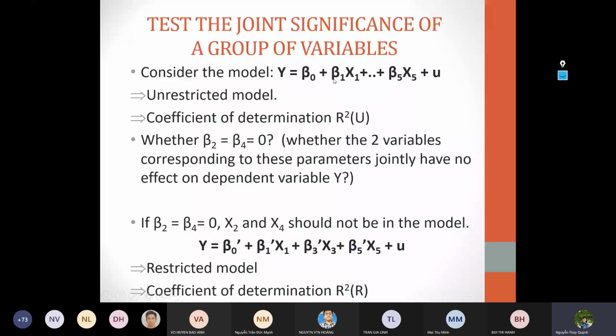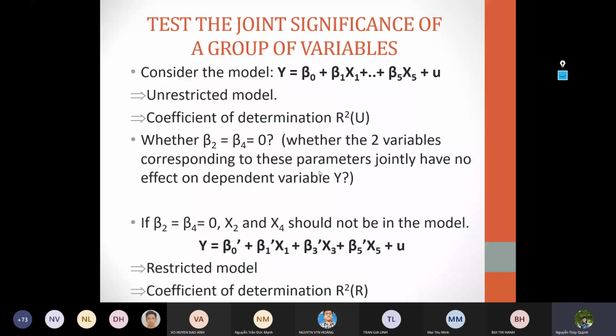So now here we want to test the joint significance of x2 and x4 on the dependent variable y. Maybe we see that there's no individual effect of x2 and x4 on y.